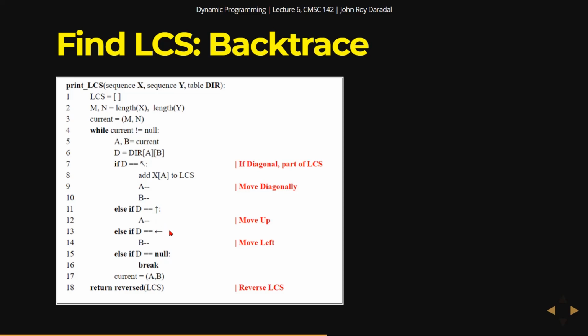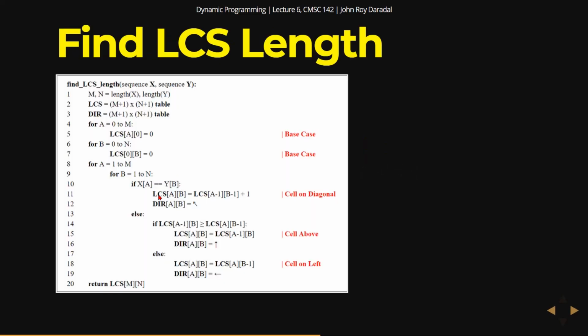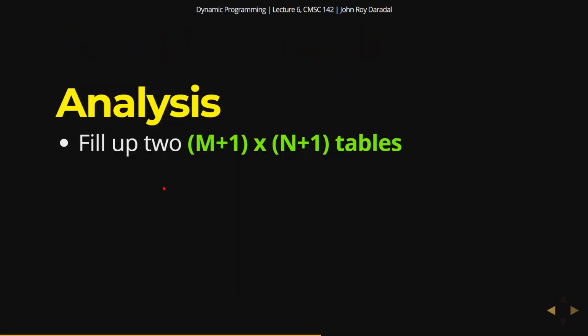If it's left, we'll move one cell to the left, and then we'll just follow that one. And then whenever we encounter diagonals, that means that it's common, right? Because earlier it would be common if it's here, right? If it's diagonal, xa and yb are equal.